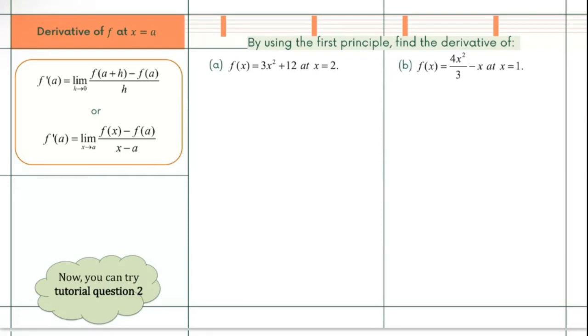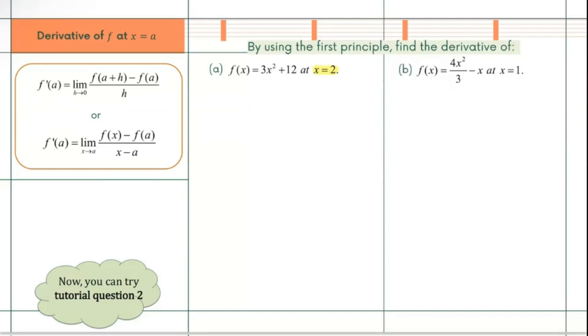So for example, in this question, fx equals to 3x square plus 12 at x equals to 2. So kita nak gunakan x equals to 2 for this question. So I need to find the value of f of 2 in this case. So kat sini saya dapat 3 masukkan 2 squared plus 12.